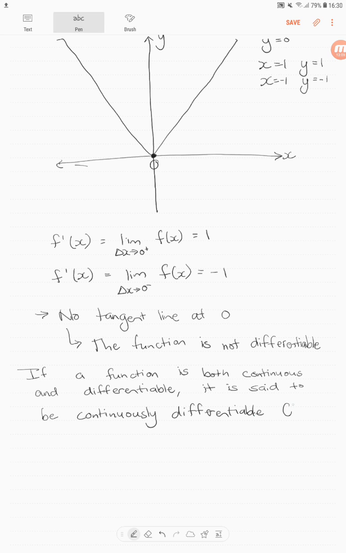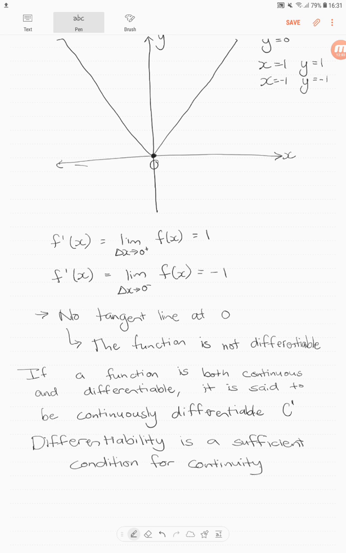And we denote this by C1, which means it is continuously differentiable. Another thing to note is that differentiability is a sufficient condition for continuity. So if we know that a function is differentiable, we also know that the function is continuous.